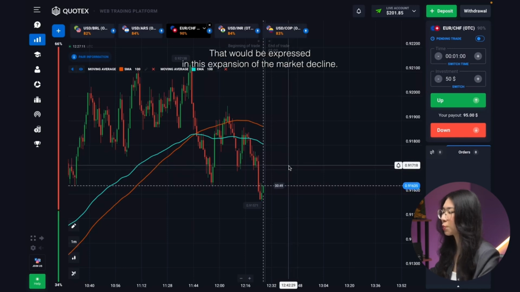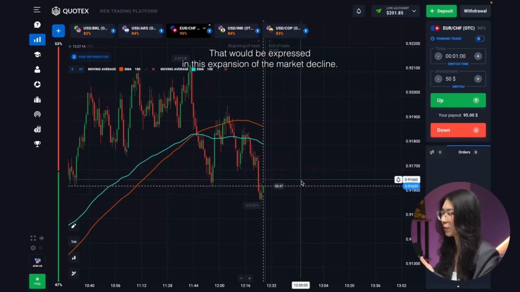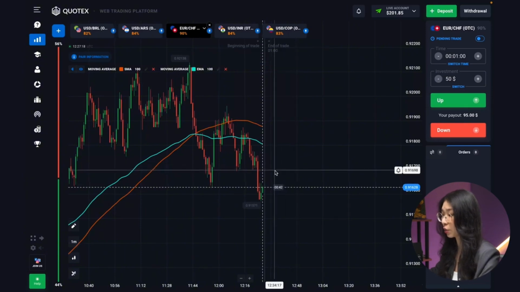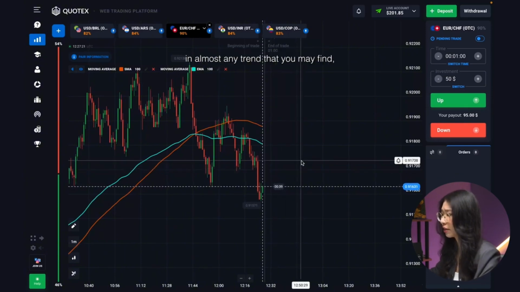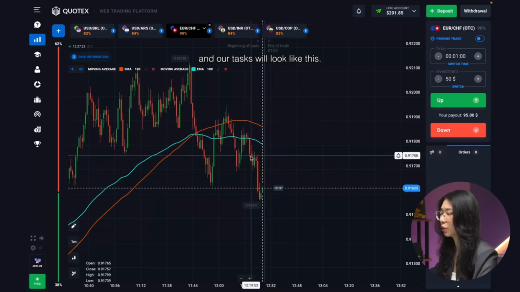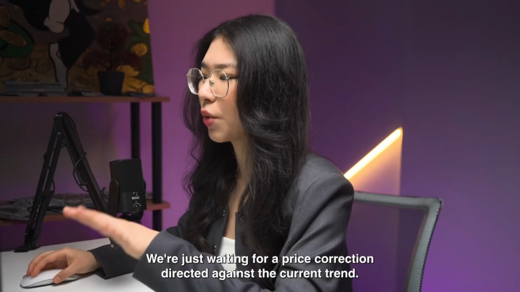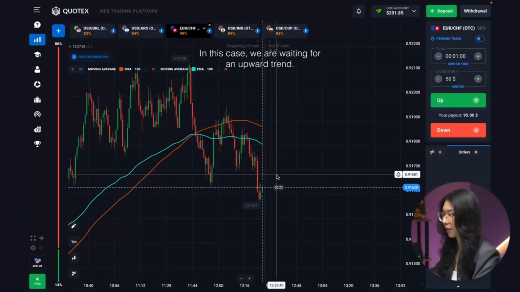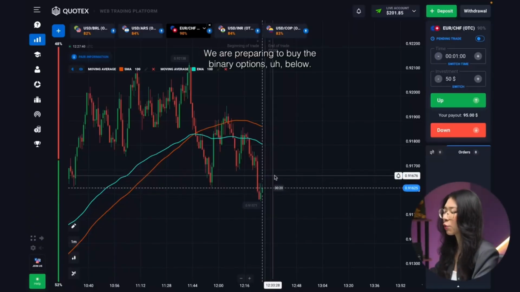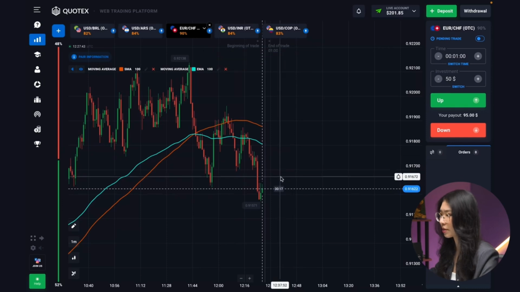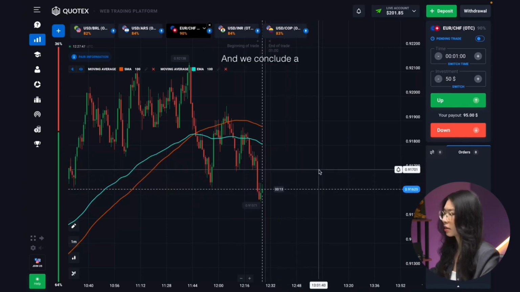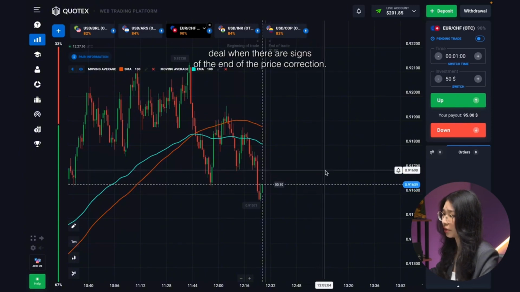That would be expressed in this expansion of the market decline, and at the beginning of growth. Such corrective movements occur in almost any trend that you may find, and our task will look like this. We're just waiting for a price correction directed against the current trend, and in this case we're waiting for an upward move, and we're preparing to buy the binary options. And we conclude a deal when there are signs of the end of the price correction.